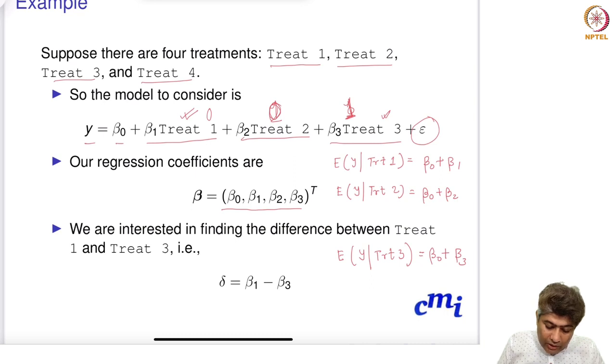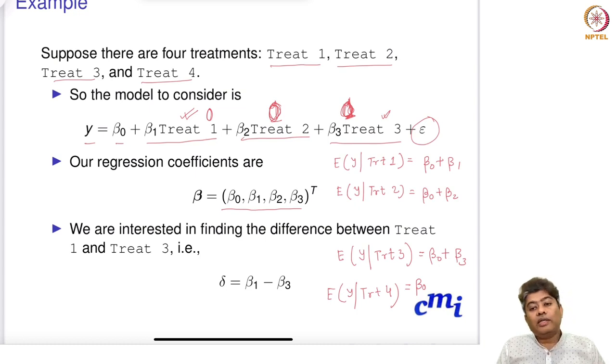Now if I am interested in the expected value of y for treatment 4, then I will put treatment 1, treatment 2 and treatment 3 equal to 0, and the intercept beta naught itself will give me the expected level of y if we are in treatment 4.